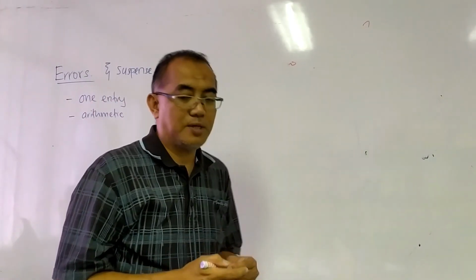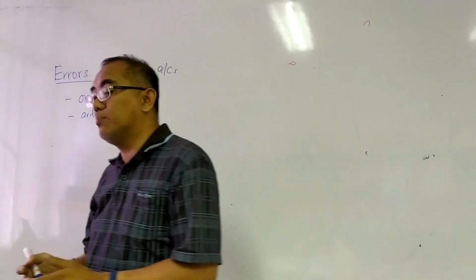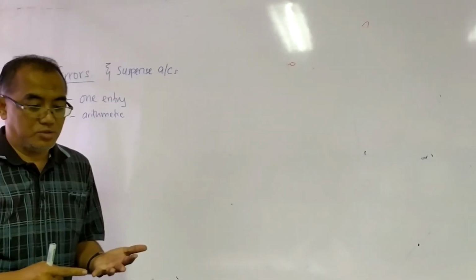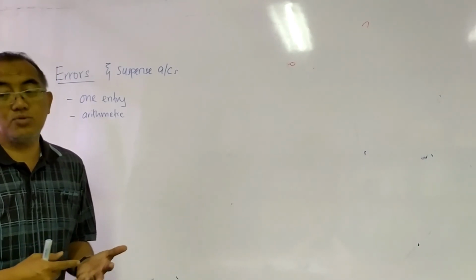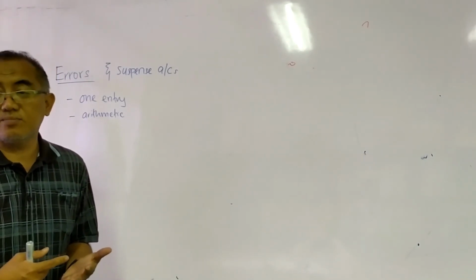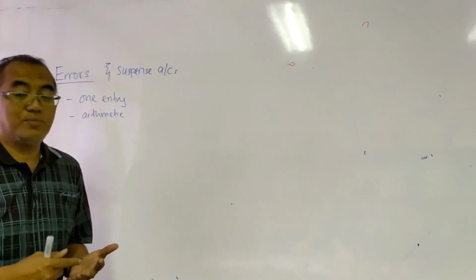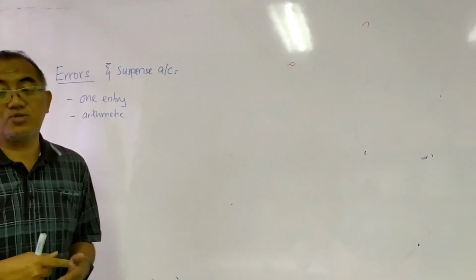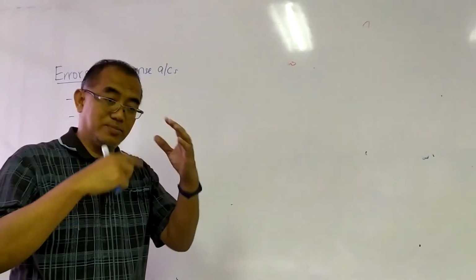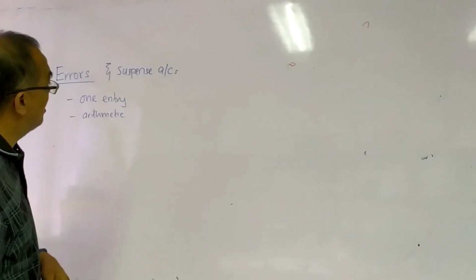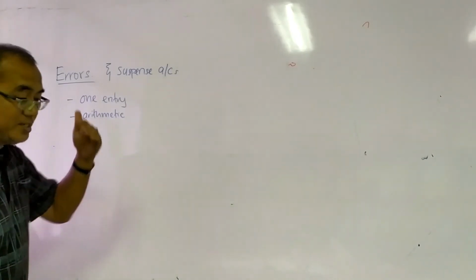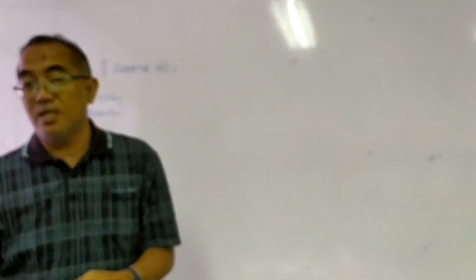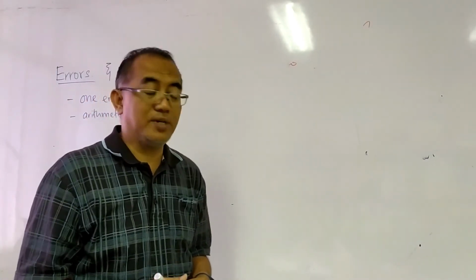Sometimes you calculate 600, but when you do the recording you put 900, so it's wrong. So it does not balance by 300. You can read further in the notes, which I will give you later.